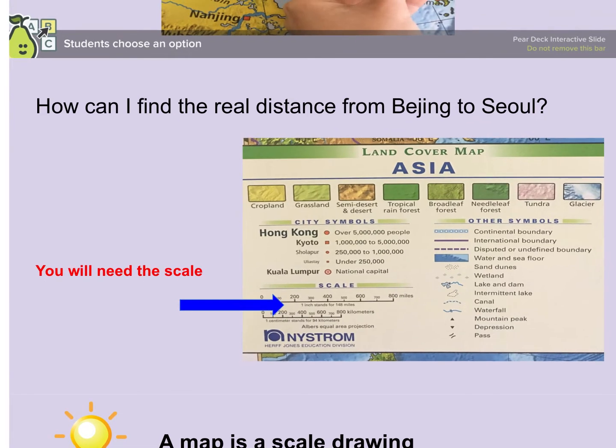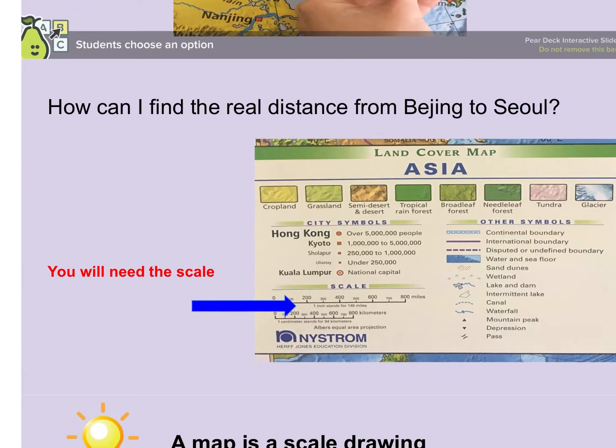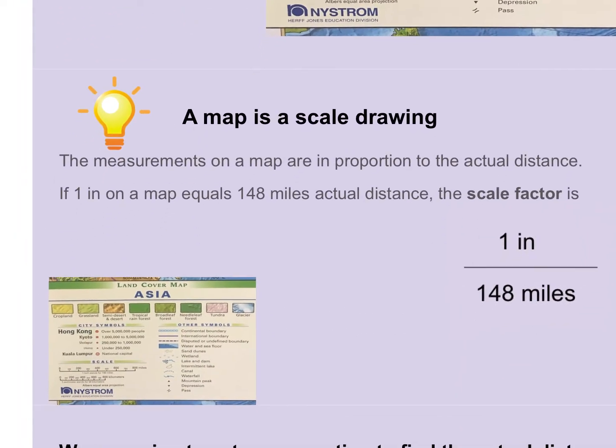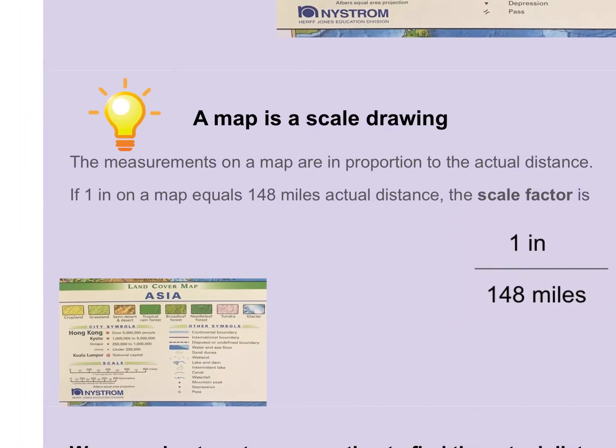Okay, so in every map you will see the scale, right? And you will use it to find out the real distance. So a map is a scale drawing. The measure on a map is in proportion to the actual distance.